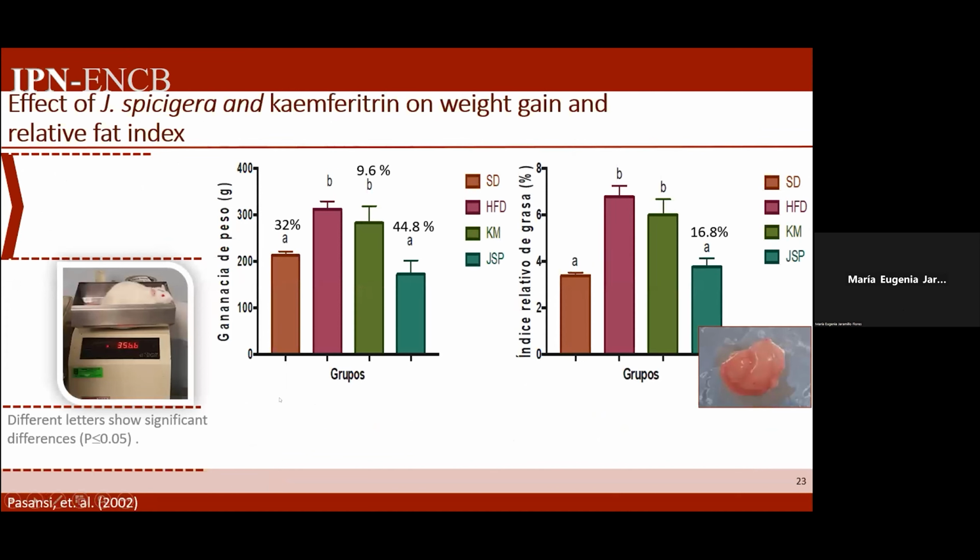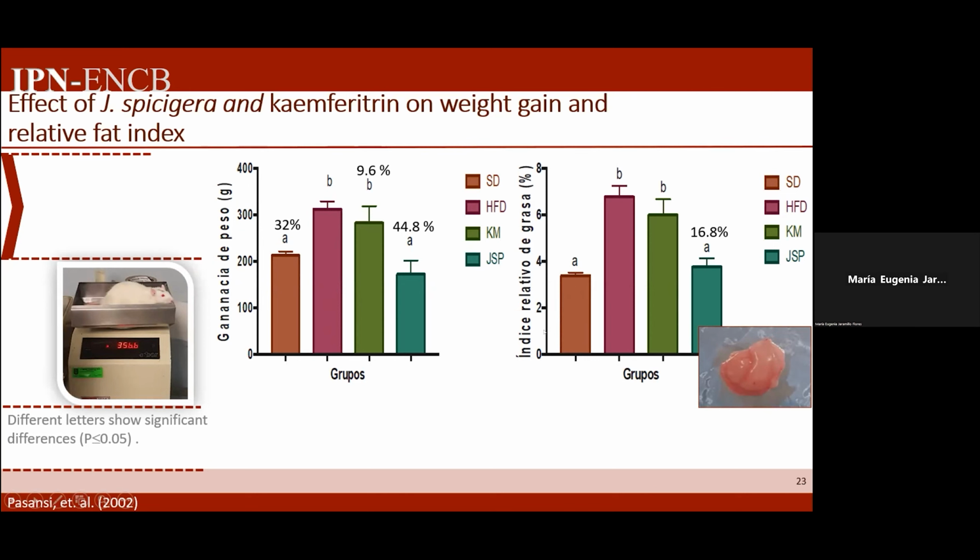Regarding the results about the gain of weight, obviously the group with high-fat diet was the group with the higher gain of weight, followed by the group treated with kaempferitrin and then with Justicia spicigera. The main reduction of corporal weight was with the Justicia spicigera plant.